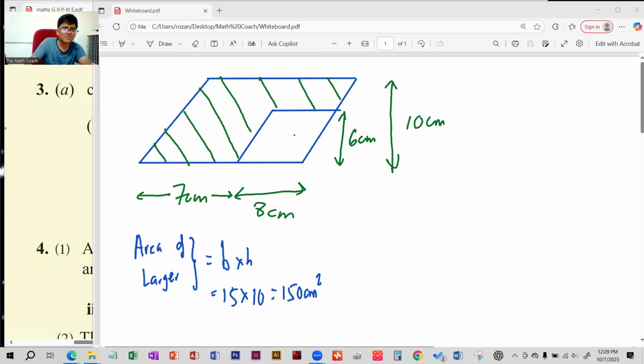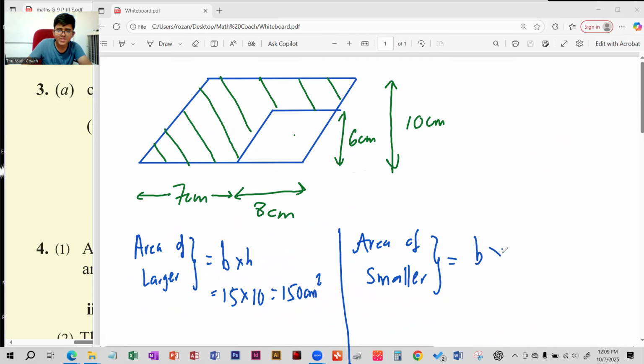Okay. Now, next is going to be area of smaller, is equal to, again, b into h. So that's going to be equal to what? Smaller one. Okay, 8 times 6, 48. Okay, so we did both of these.